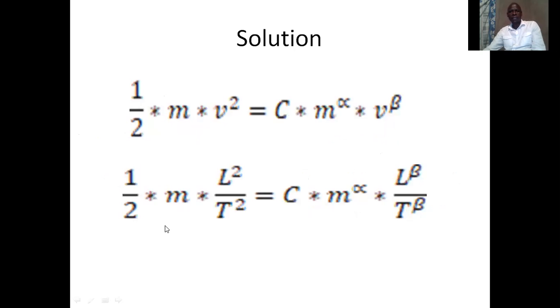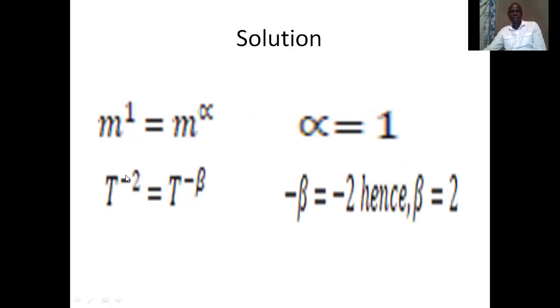And similarly for time, since it's a denominator, when you put it as a numerator, it will be T to the power negative 2. Similarly, this one will be T to the power negative beta.